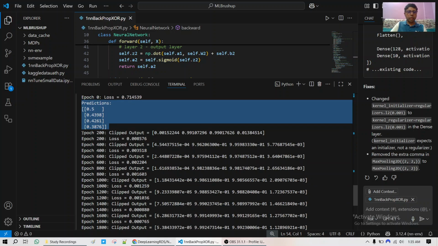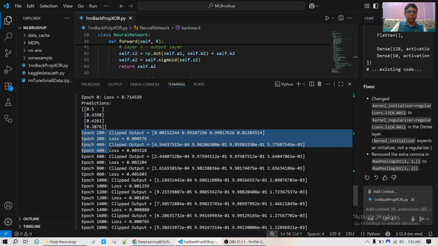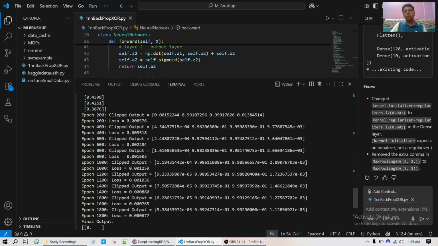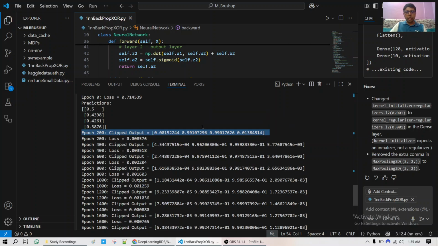Then we skip all this and move ahead step by step, to epoch 200, epoch 500. We are observing and tracking the learning progress of the neural network every 200 epochs, right? You see it is moving closer and closer each time to the target output.